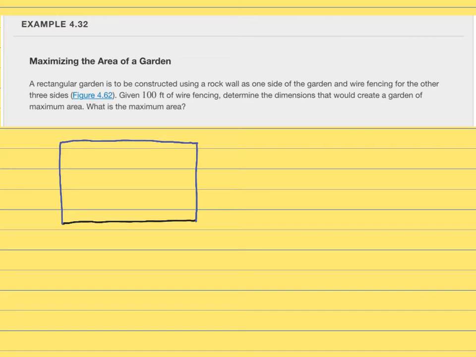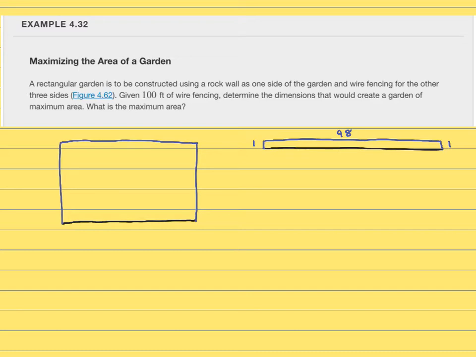Now, the first thing to realize is, given these circumstances, you could create a variety of different sized gardens. So there's a rock wall. I've got to use 100 feet of fencing, so I could create a garden like this, where it's 1 foot by 1 foot by 98. That is a real skinny garden, but it fits the requirements.